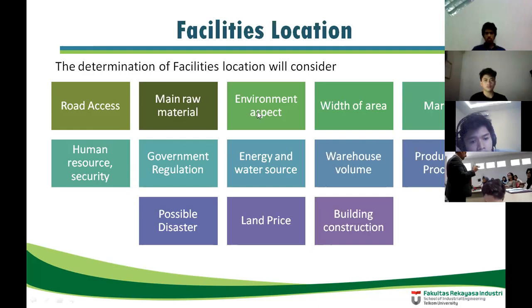For the environmental aspect, you will approach locations that maintain the environment. The wait area, human resources, security, the price of the land, building construction. These are all the considerations when we want to find the right location.